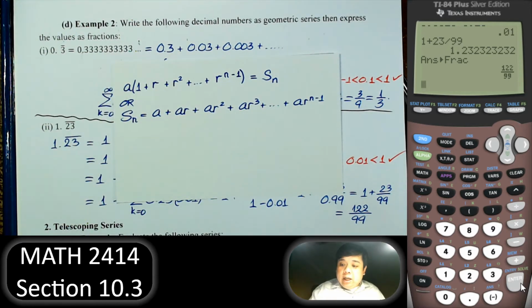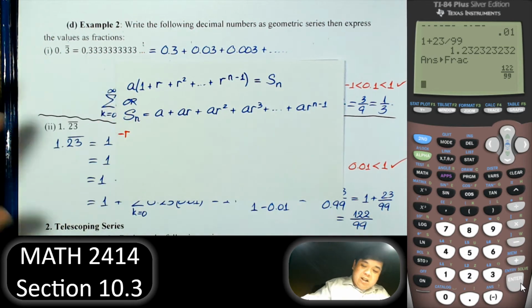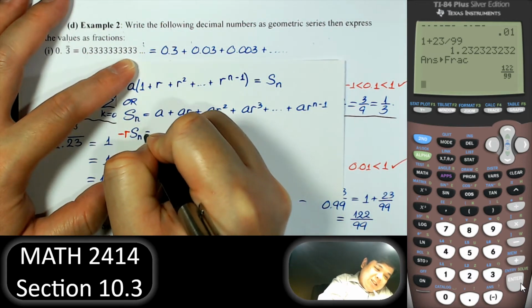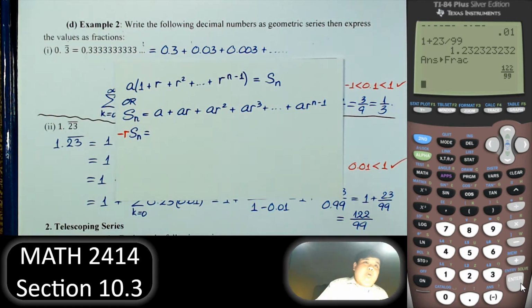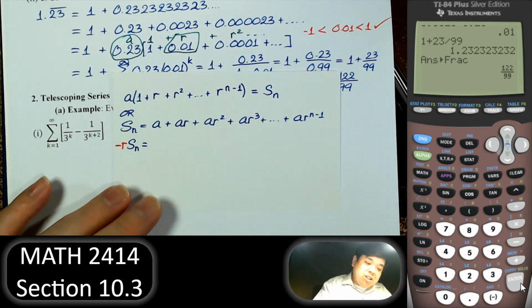So that's good. Now what we do is we do this little trick and we multiply by -r. And you say, why do we do that? And I say, because it works. So now I just multiply -r into that sum. By the way, this point will bring us nicely to the next part of the section, the telescoping series.